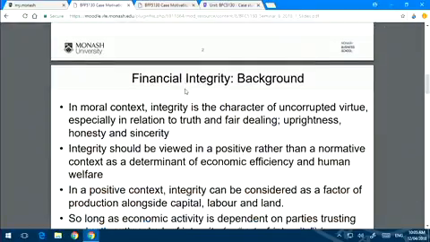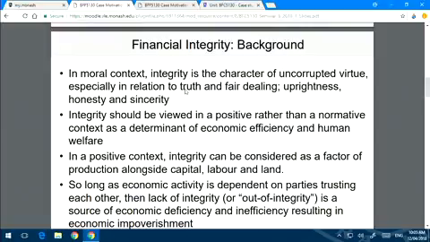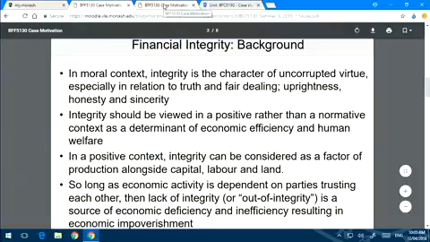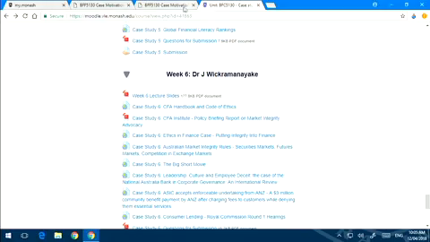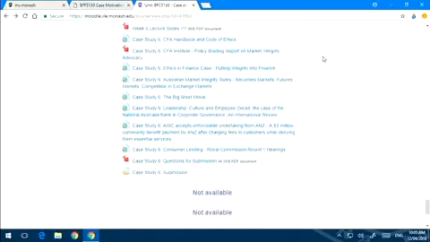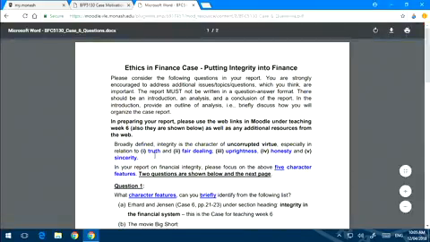Let us move on to financial integrity. Okay, if you look at our assignment, I am referring to some keywords in the assignment. So let us go back to the work that you have to do for the case work, written submission. If you look at the questions for submission, I am referring to truth, fair dealing, uprightness, honesty, sincerity, and they all are encapsulated or captured by uncorrupted virtue.